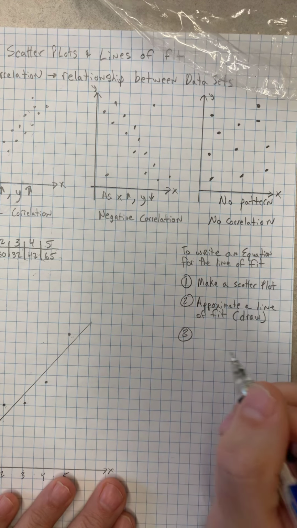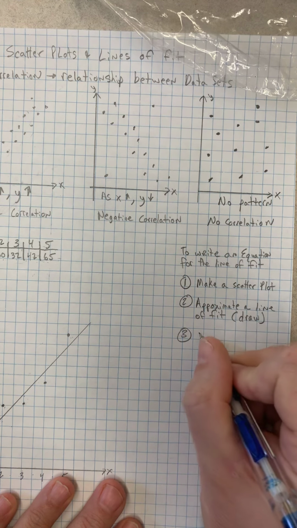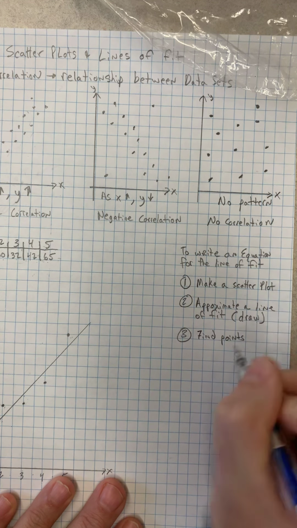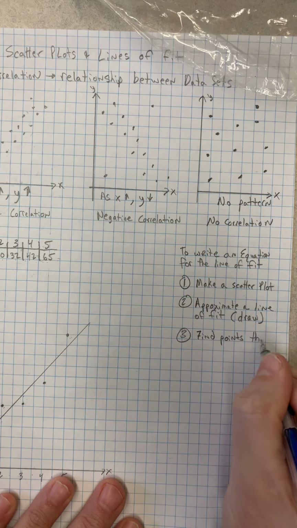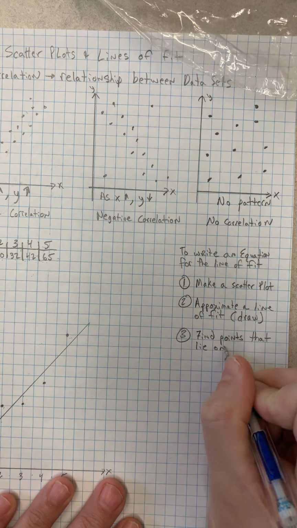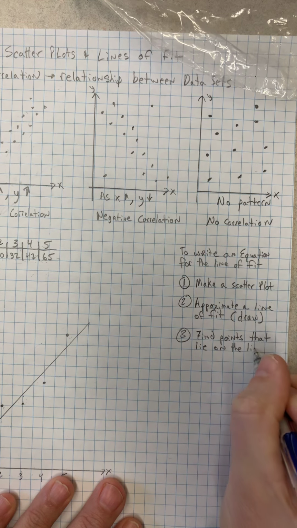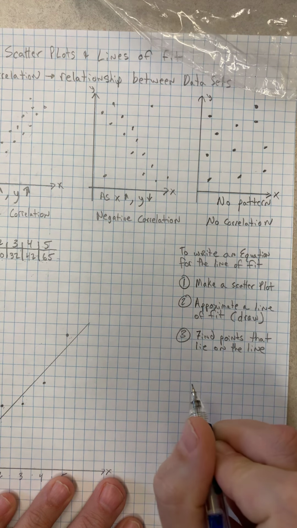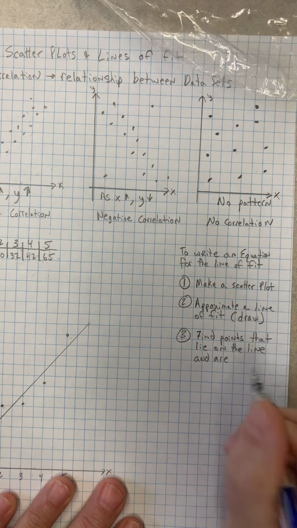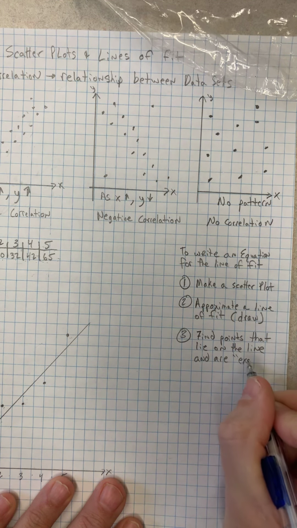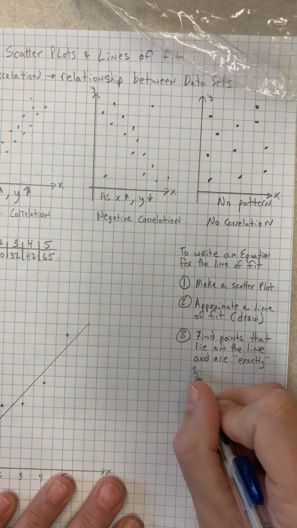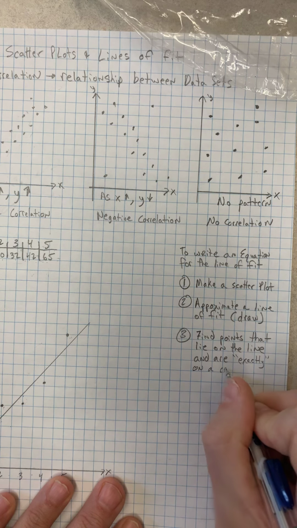Step 3, you need to find points that lie on the line of fit that you just drew, and are, and I'm going to put this in quotes, "exactly" on a cross grid.